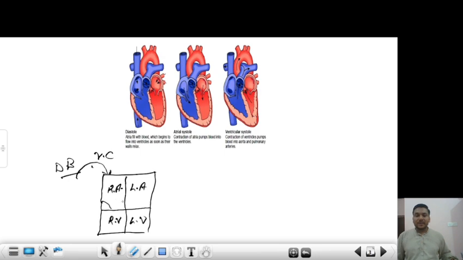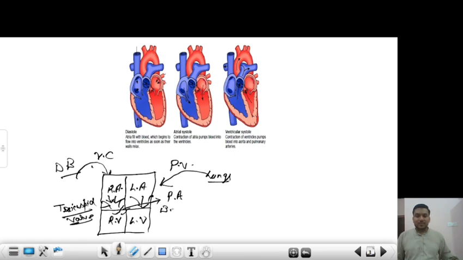From here, it comes into the right ventricle by passing through a specialized valve, that is tricuspid valve. From right ventricle, it is carried by the pulmonary artery to the lungs, and it comes back into the left auricle with the help of pulmonary vein. From left auricle, it passes into the left ventricle through a bicuspid valve, and from left ventricle, it passes to all the body parts through aorta.